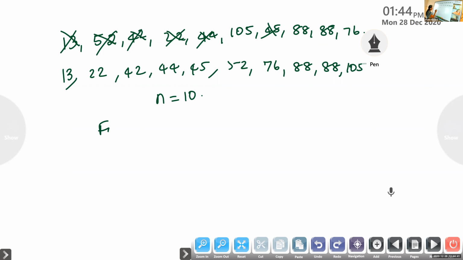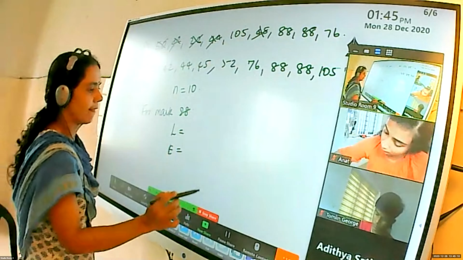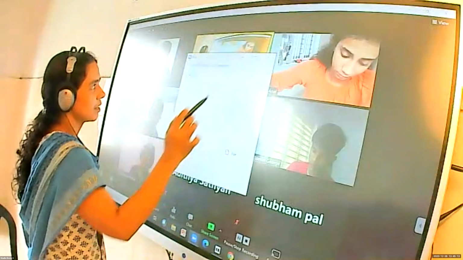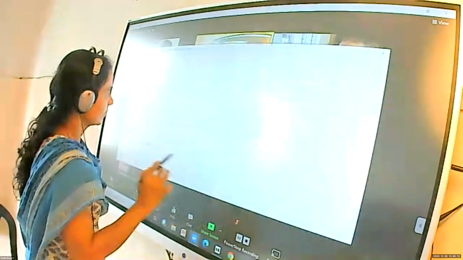For the score 88, we want to find what is L and what is E. L means how many of them have scored less than 88? It is 7. Yes, correct, Shubham. L is 7.